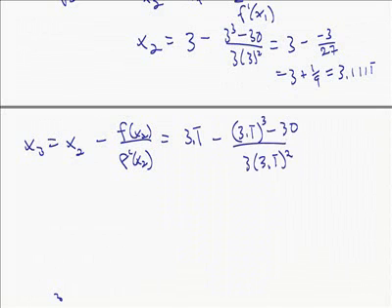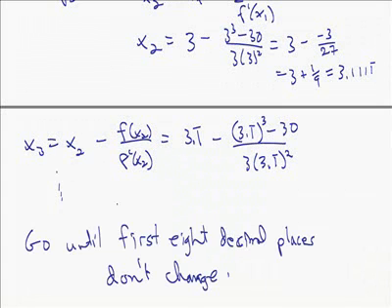All right, and then just keep going from there. You can keep going, x sub 4, 5, 6, and so on, until you get 8 digits of accuracy. You want to be correct to 8 decimal places. So what you're going to do is go until the first 8 decimal places don't change from one guess to the next.